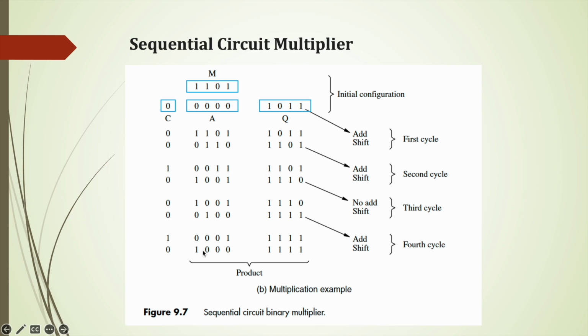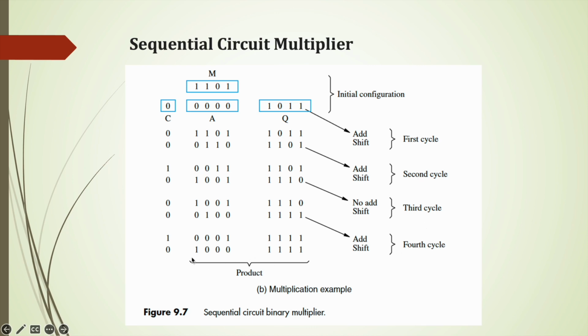Again we need to perform the shift operation. Every bit of this is shifted to the right. So we have completed our fourth loop. Because I have only 4 digits in my multiplier, this loop has to be executed 4 times.